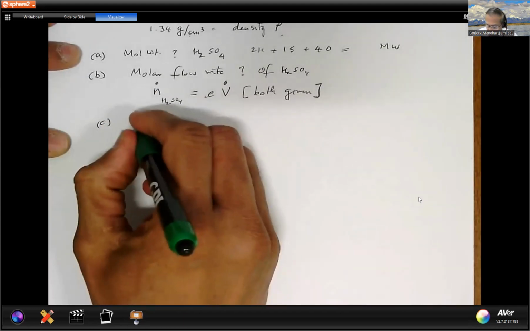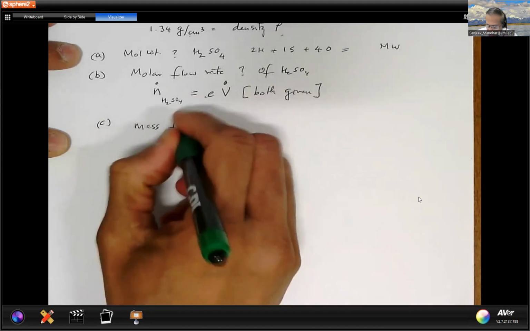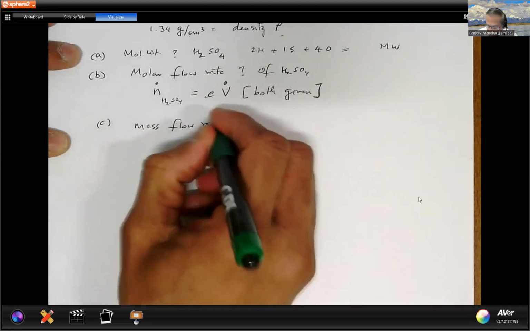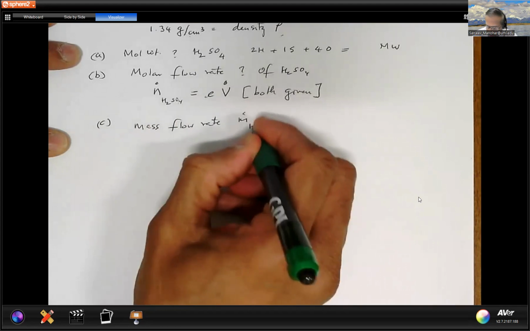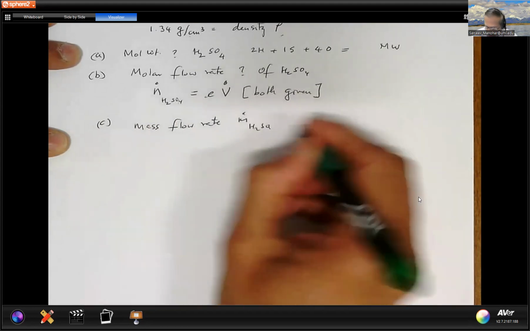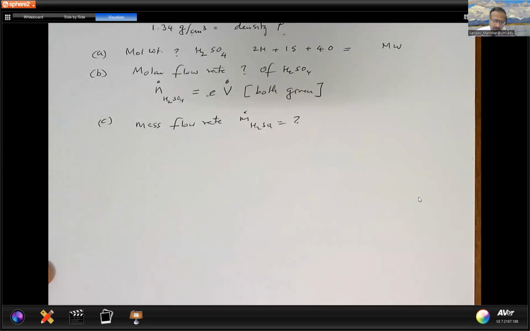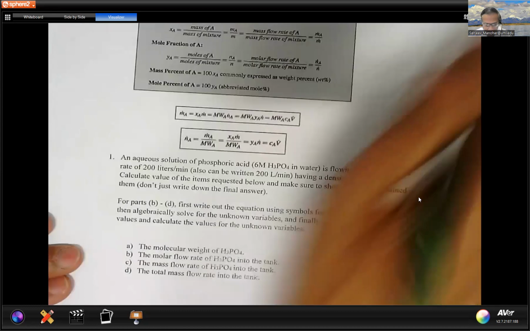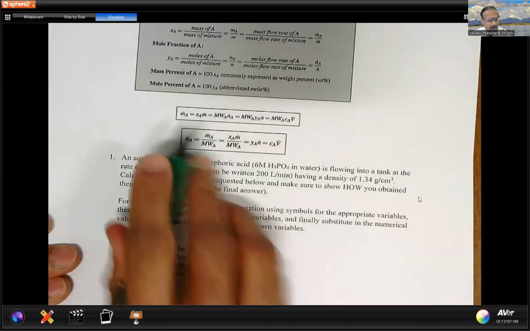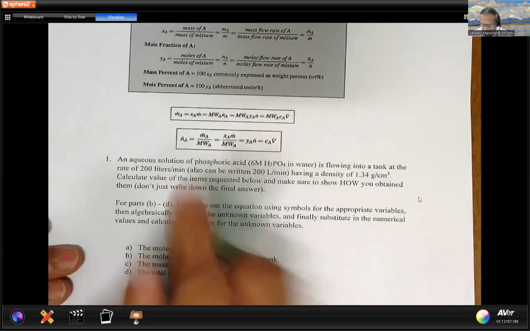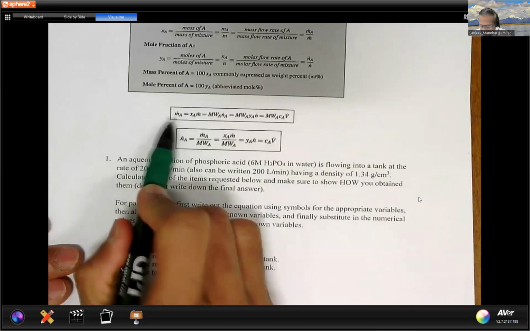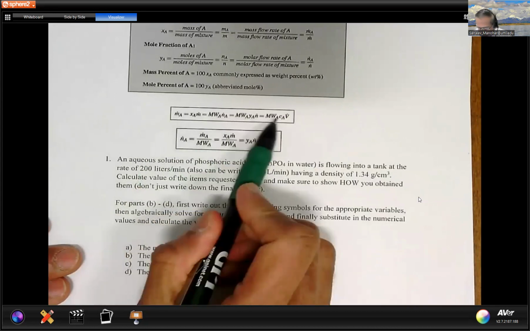What is the mass flow rate, right? Mass flow rate of, say, sulfuric acid is equal to what? So obviously you have to go back to the equations, and the mass flow rate equation is here, correct? Mass flow rate equations is the smaller box, and it's either this or this or this or this, right?